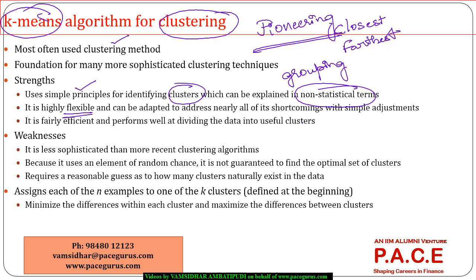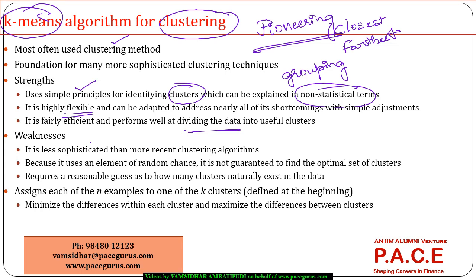A lot of problems and shortcomings can be addressed by doing some small modifications to the data. And what we see is, it is very good at dividing the data into useful clusters. We'll see with our example also, but we can say this algorithm is comfortable enough in dividing the data into a good number of useful clusters compared to many other algorithms.